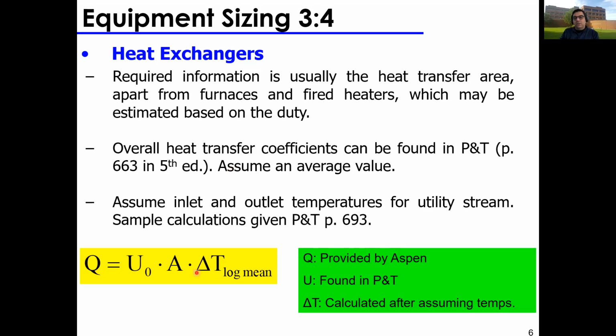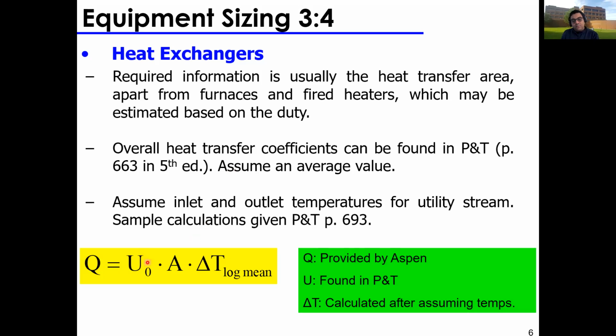Delta T is the initial temperature and the final temperature. Usually you either know it in advance or you want to do some iteration to find the best process. Maybe you're doing an integration of your plant and you're playing around with the temperatures to find the best integration option. So this might change.